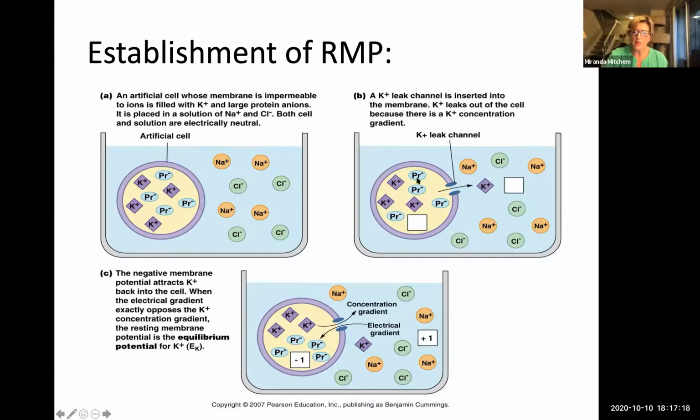But what happens if a potassium molecule moves? When even one potassium molecule moves through its leak channel, that's a diffusion channel for potassium, and we do have a gradient, so potassium is going to move. What happens then? Now we've moved some of the positive outside, and that makes the inside even more negative because we've taken a positive potassium ion out.